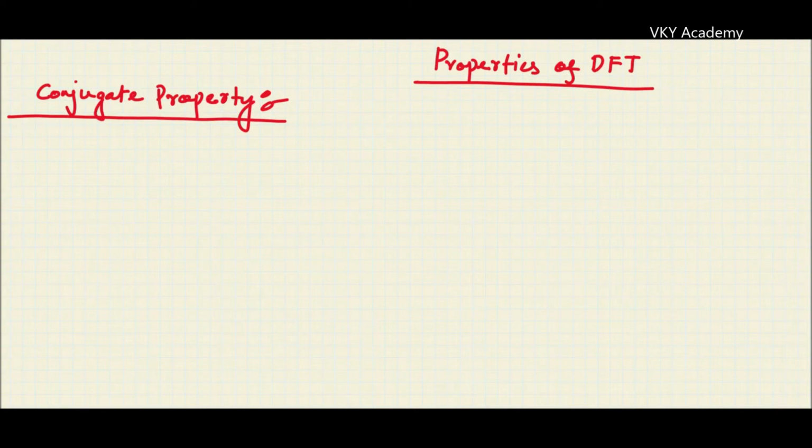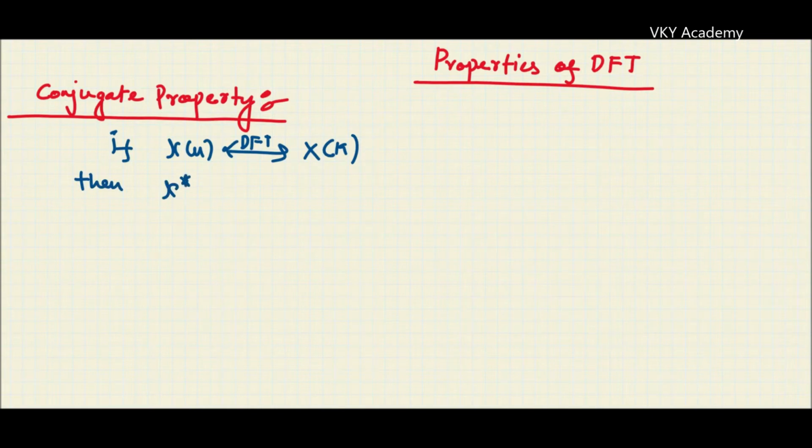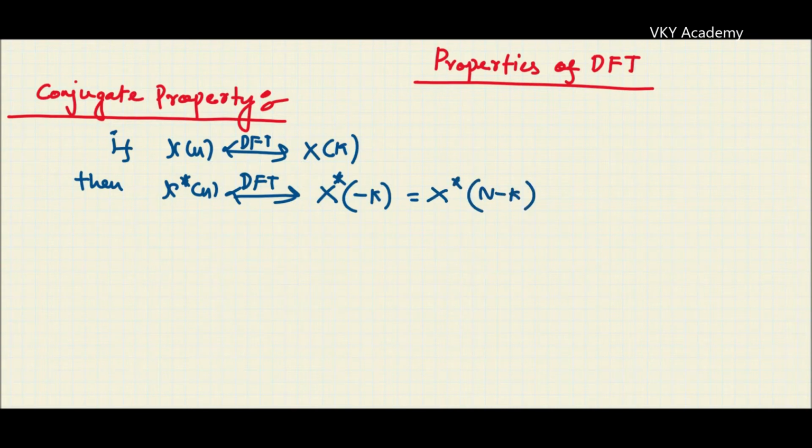The conjugate property states that if DFT of x of n is capital X of k, then DFT of x star n will be capital X star of minus k, which can also be written as capital X star of N minus k, where N is the period and star represents the conjugate.